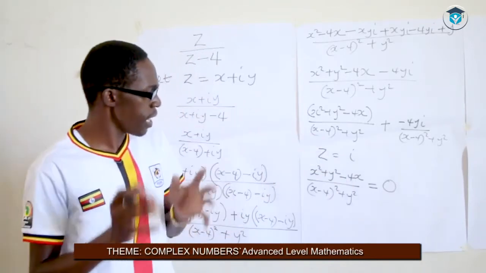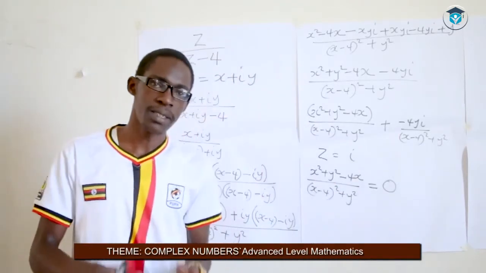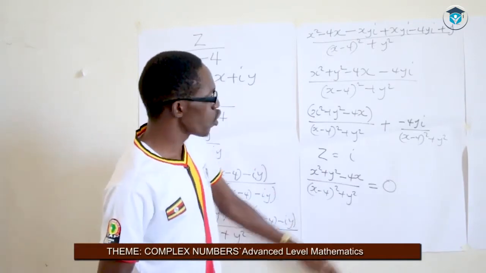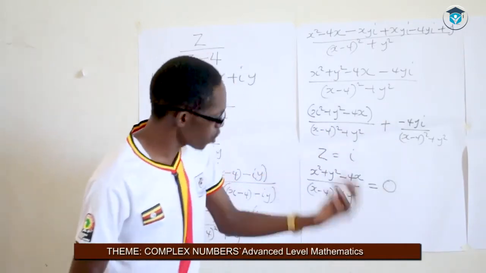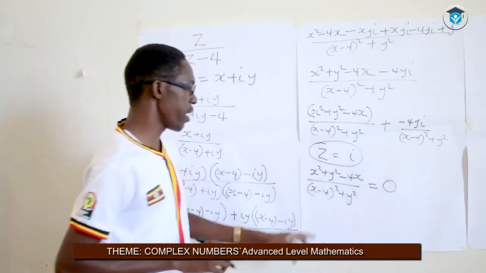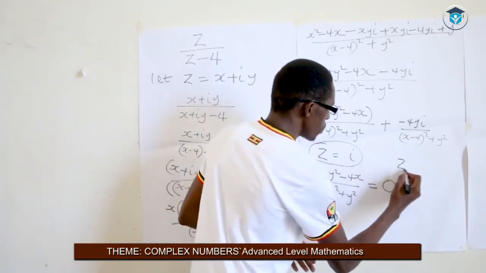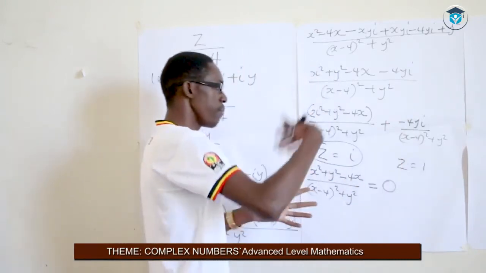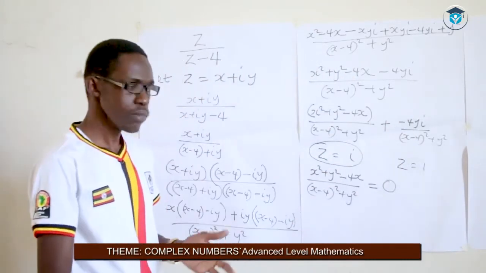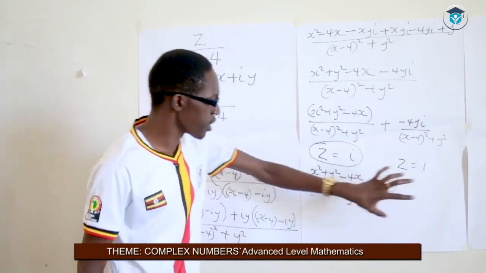If they had said it is purely real, then I would go to the imaginary part and equate it to 0. As I've shown you, if this had been purely imaginary, then z would be i, and if it is purely real, then z equals, let's say, 1, meaning that the imaginary part is not there. So since they have said it is purely imaginary, the real part is equated to 0.